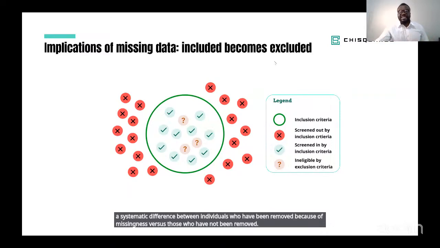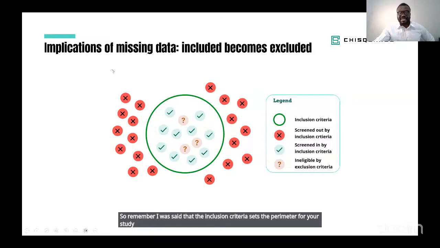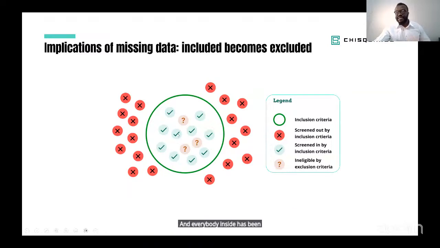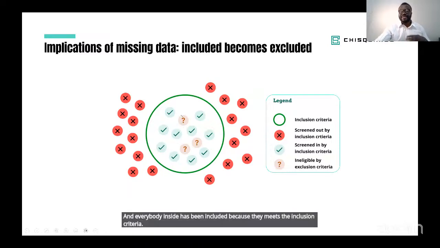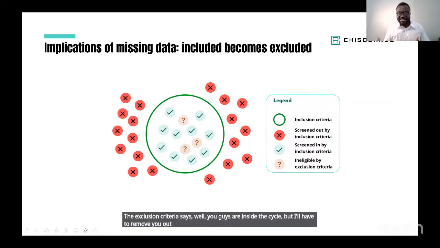So remember, we said that the inclusion criteria sets the perimeter for your study. Individuals who are outside have been excluded based on inclusion criteria. And everybody inside has been included because they meet the inclusion criteria. The exclusion criteria says, well, you guys are inside the circle, but I'll have to remove you for whatever reason. In this case, individuals have missing values.